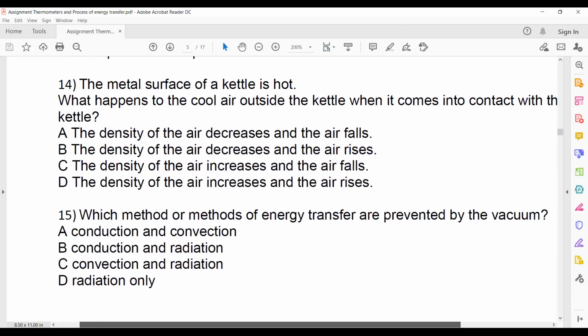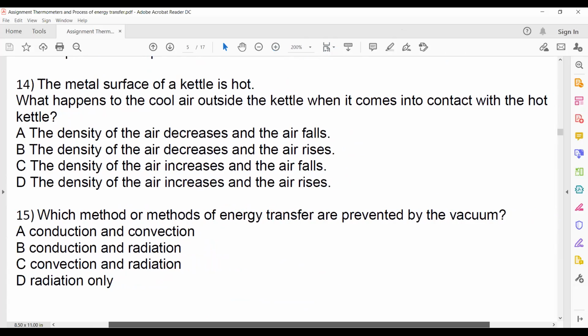Question 14. A metal surface of a kettle is hot.